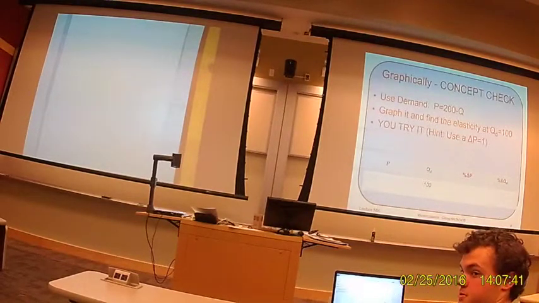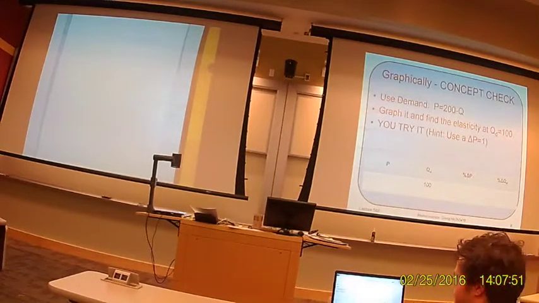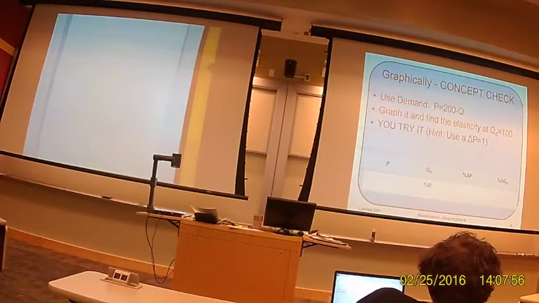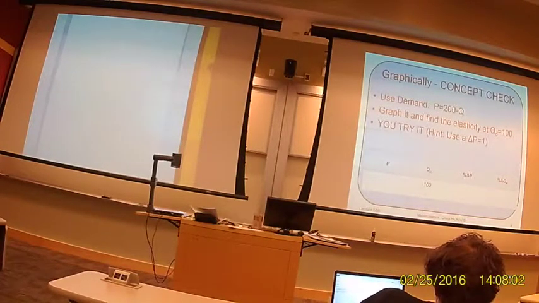The initial P is 100, the next is 101. Oh, we're trying to find the change. Okay. So because the change in P is 1, it would be P 1 divided by 100. P sub 1 would be 101. So it's 1%.